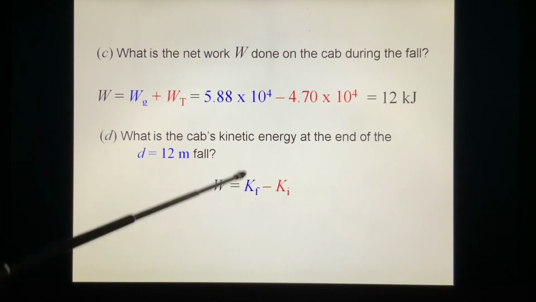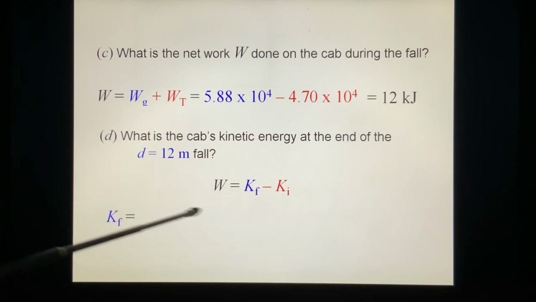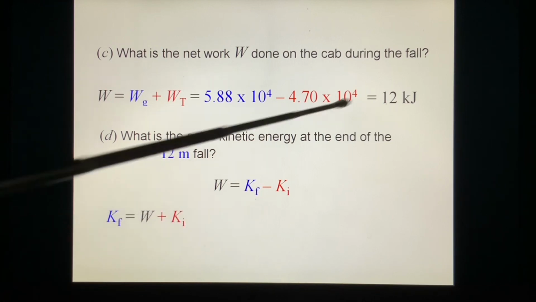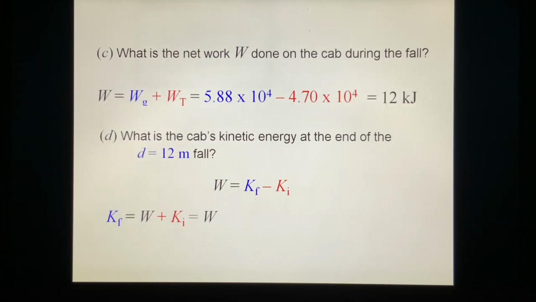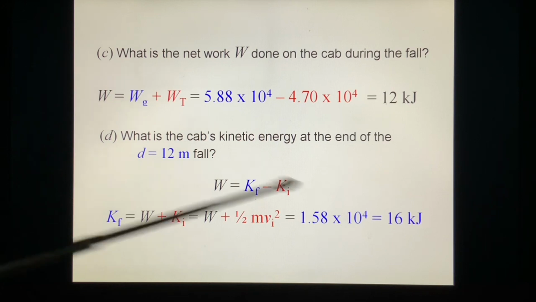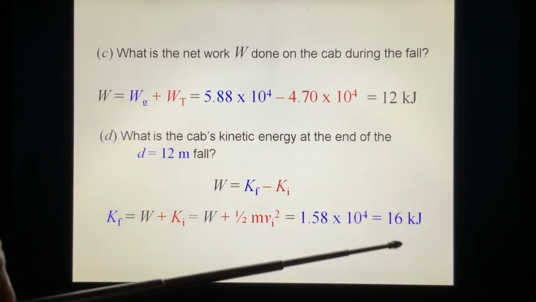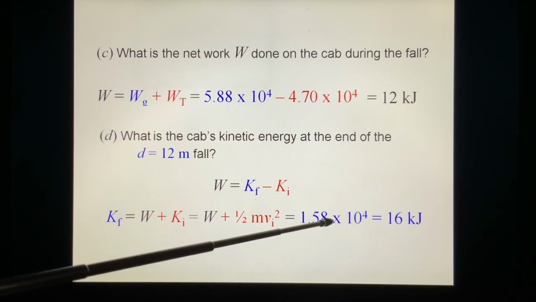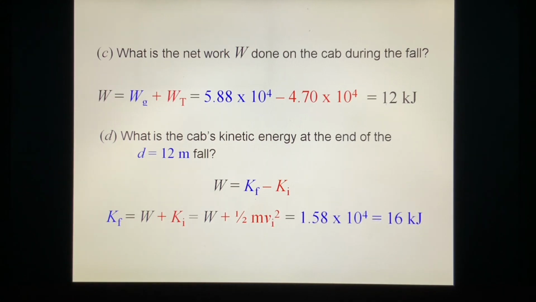So the final kinetic energy K_f equals W plus K initial. The work done is 12 kJ, and K_i is half m v_i squared. We put the numbers in and get 1.56 times 10 to the 4. Taking 2 significant figures and rounding up, we get 16 kilojoules.